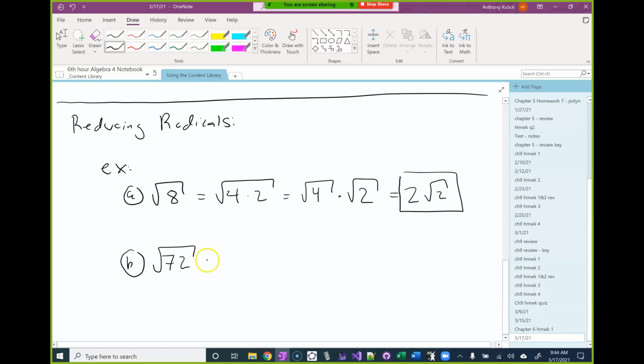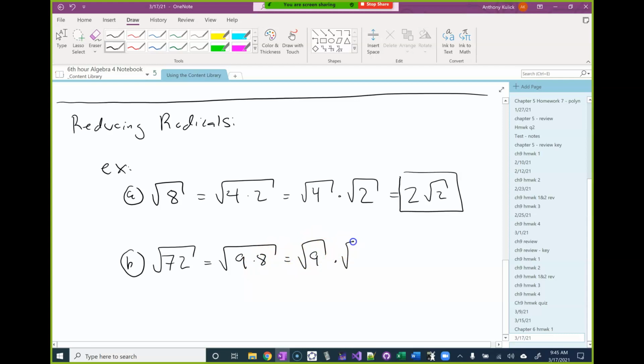Does anybody see a factor of 72 that's a perfect square? Okay, 8 and 9. 9 is a perfect square, right? Because 9 is 3 squared. So we can call this the same thing as 9 times 8.